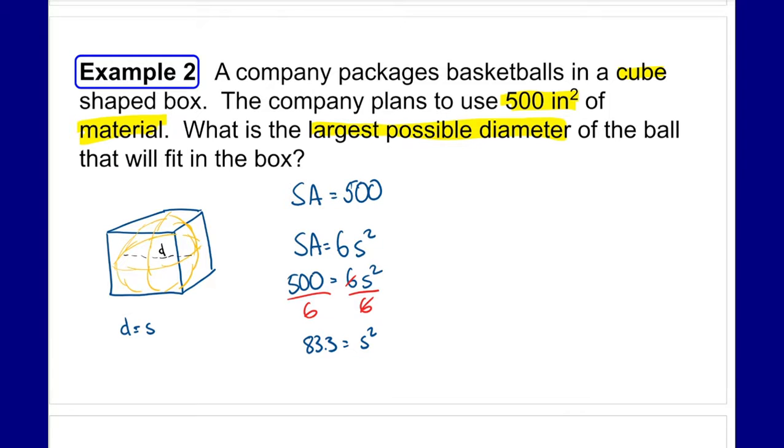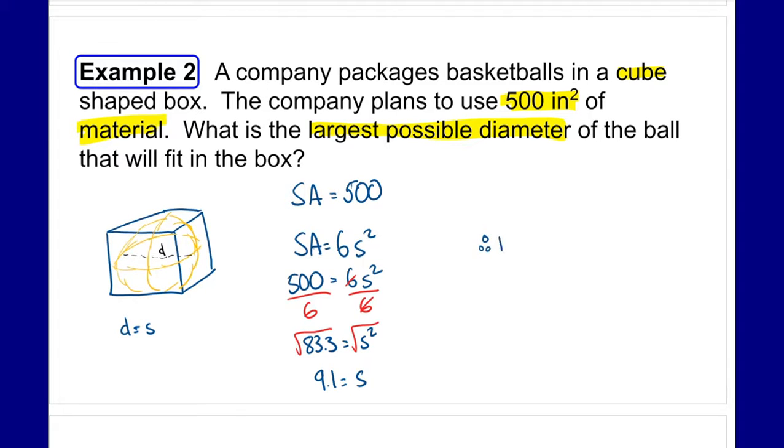Similar to the last example, we need to take the square root this time. So I take the square root of both sides. One side will cancel out, and we're left with 9.1 equals s. So now we have the dimensions of the box, and therefore the diameter of the basketball.